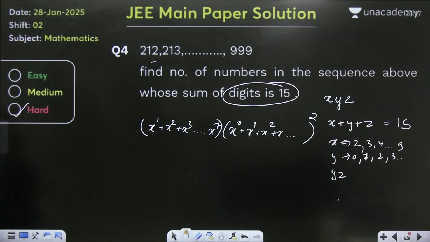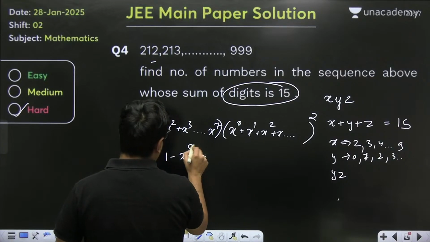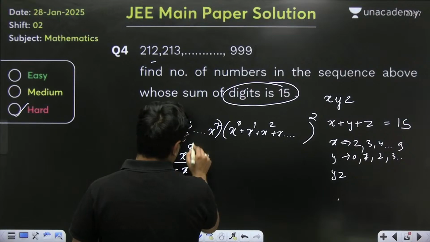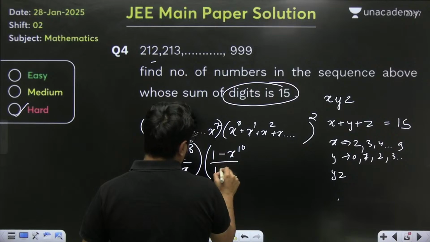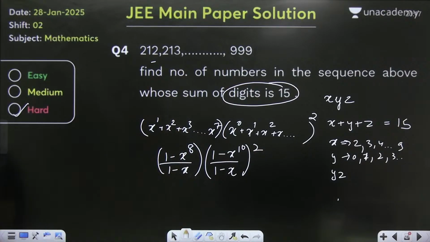So this will be till x to the power 8, this will be 1 minus x to the power 8 divided by 1 minus x. This just became a GP, right? So this will be 1 minus x to the power 10 divided by 1 minus x whole square. But what are we getting from this? Okay, coefficients we can open, we can think.